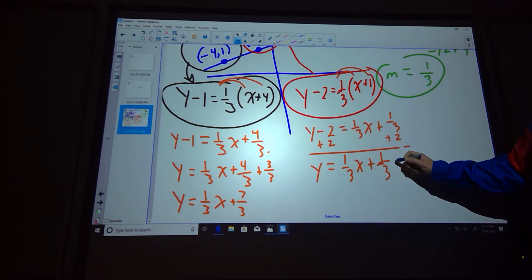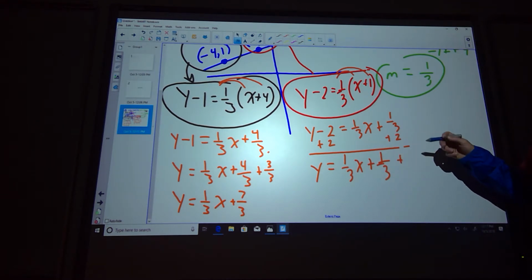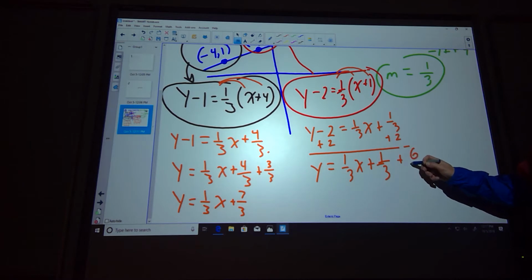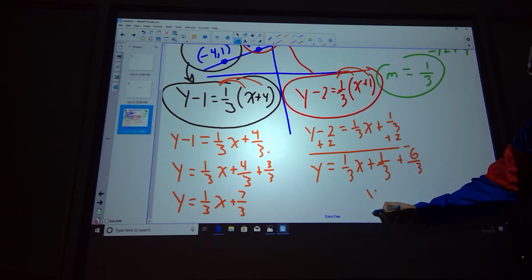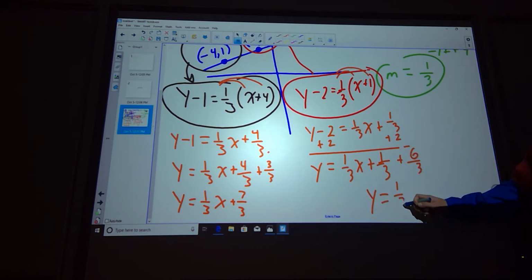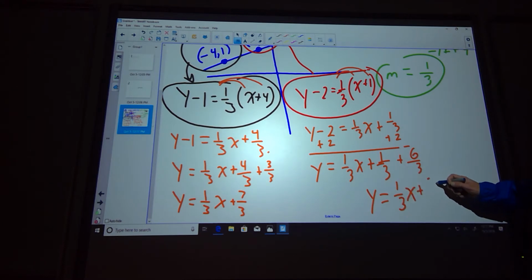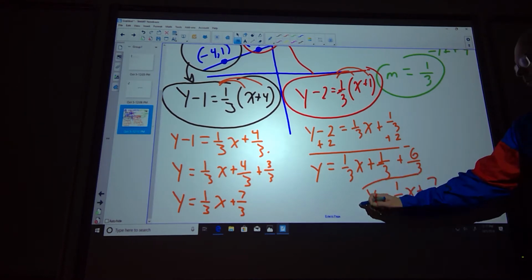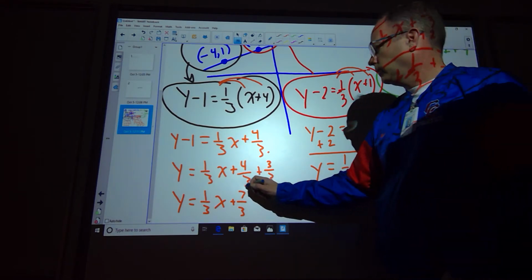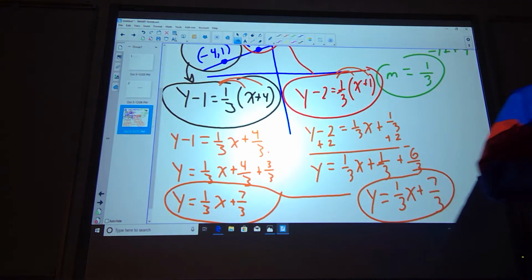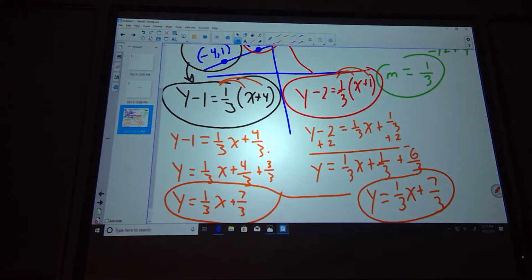If I wanted to make a 2 over 3, that means it's going to be 6 over 3. What can you tell me about those two equations? They're the exact same. Isn't that a little goofy?